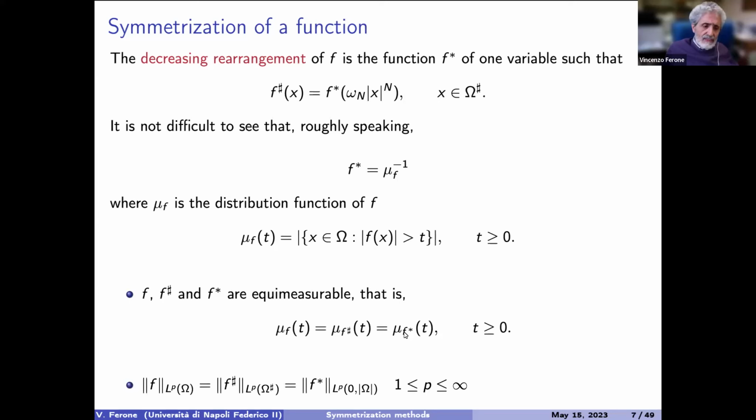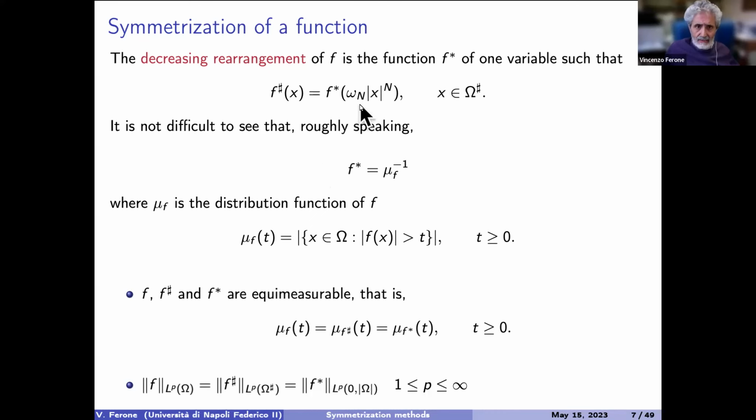And in view of this, if I consider the norm in LP of a function F, it stays invariant: the norm of F in LP, the norm of F sharp in LP of omega sharp, and the norm of F star in LP of (0, measure of omega).